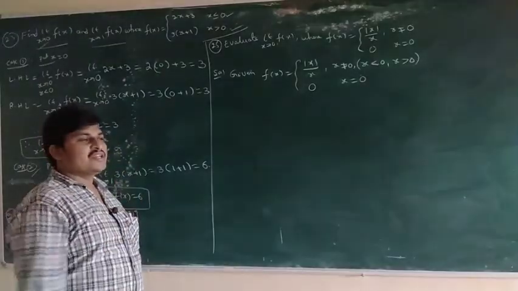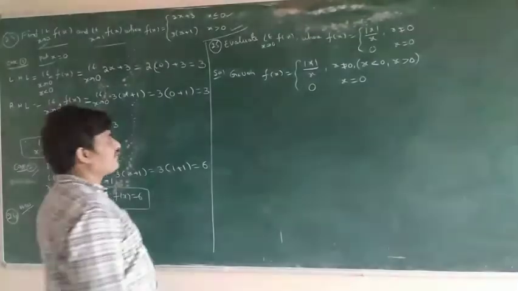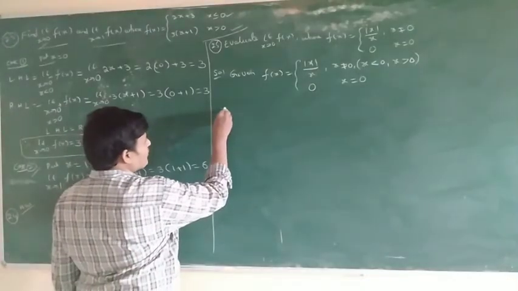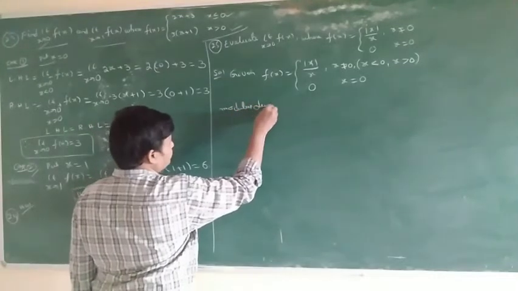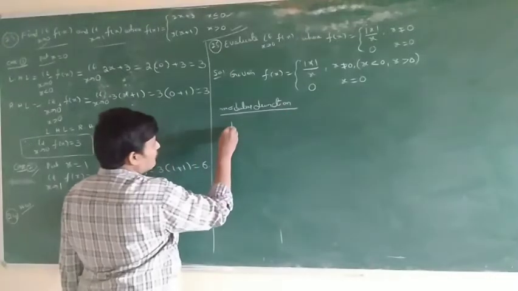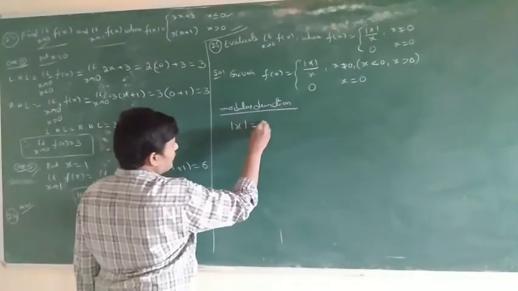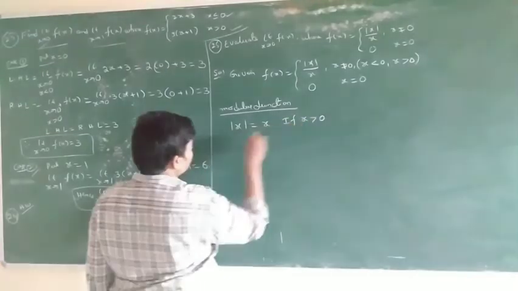In the relations and functions chapter, the definition of the modulus function is there. What is the modulus function definition? Mod x is equal to x if x greater than 0.